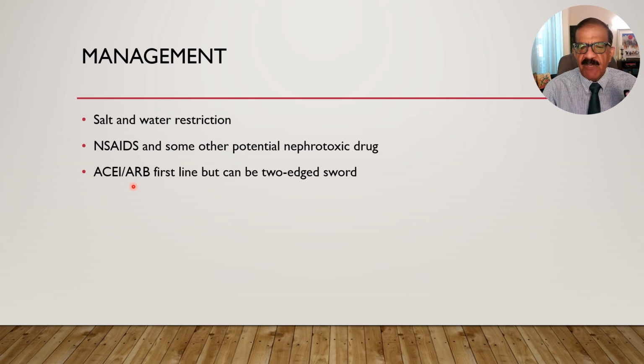If you remember, it is the activation of RAS which is responsible for hypertension, if you remember that slide where I explained the pathogenesis. So that makes ACE inhibitors or ARBs, either one, the preferred treatment. But in some cases, it could actually increase ischemia and could actually increase creatinine. So I call it a two-edged sword.